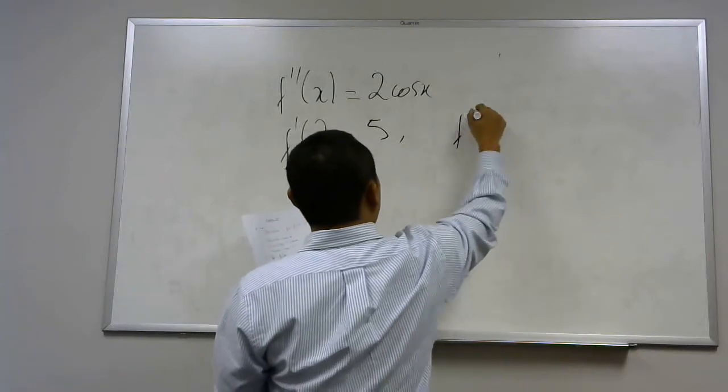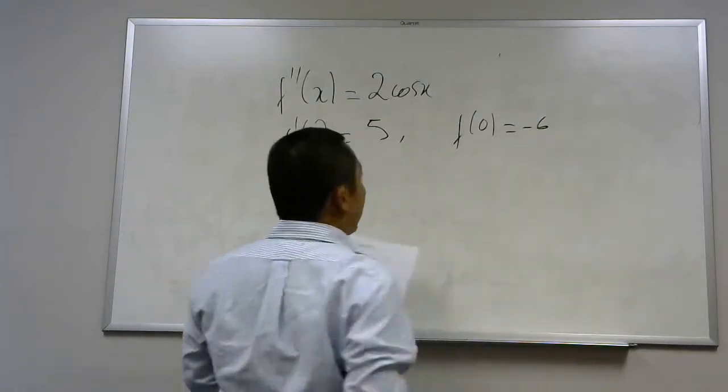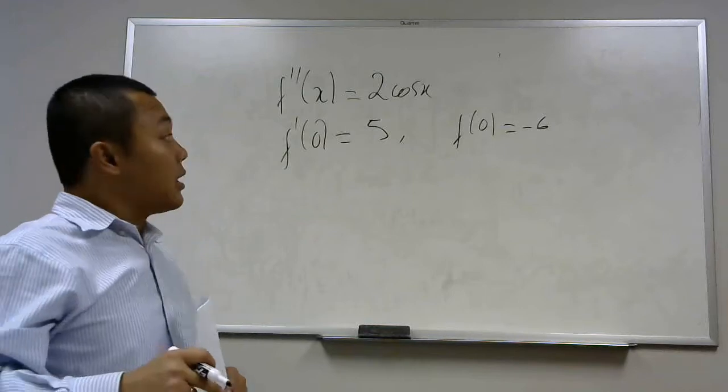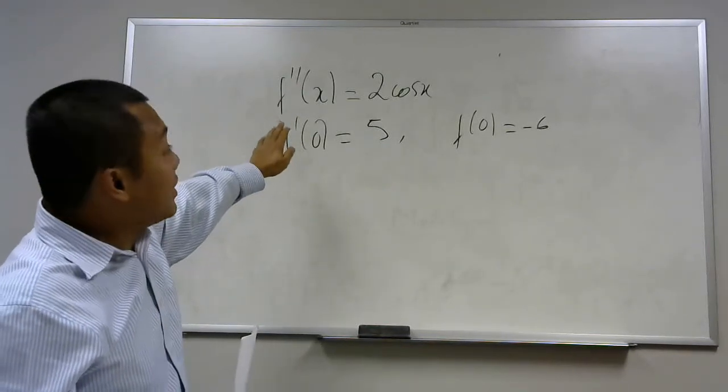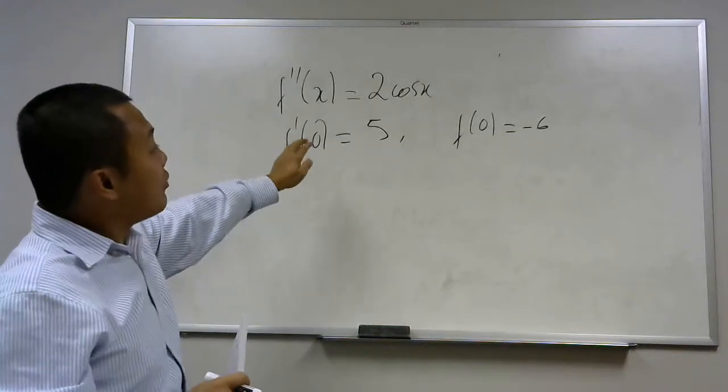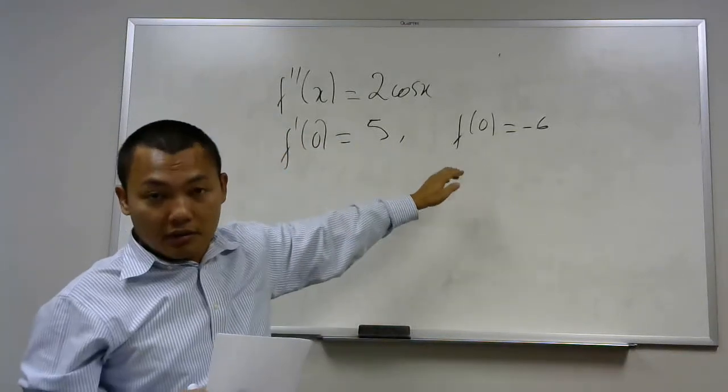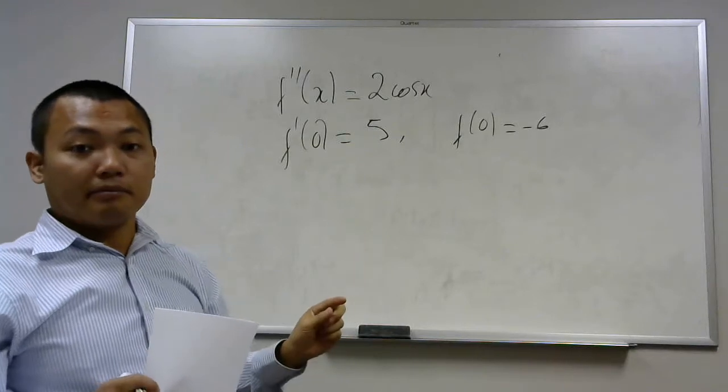The second initial condition is f of 0 equal to negative 6. So don't forget, in this case you have a second derivative. Since this is a second derivative, we would need 2 initial conditions to determine the function.